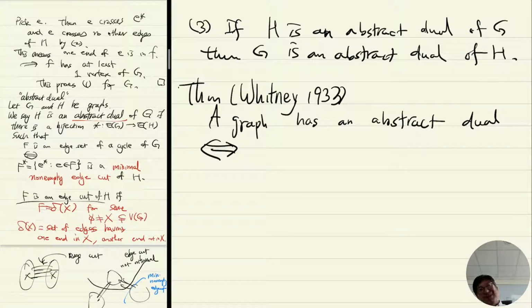Of course, all planar graphs have an abstract dual because a geometric dual is an abstract dual. And it turns out a graph has an abstract dual precisely when the graph is planar. Surprising, right?